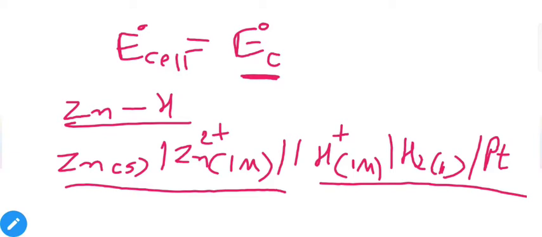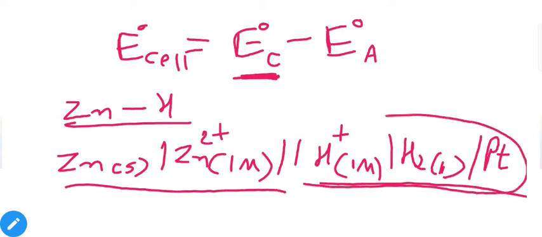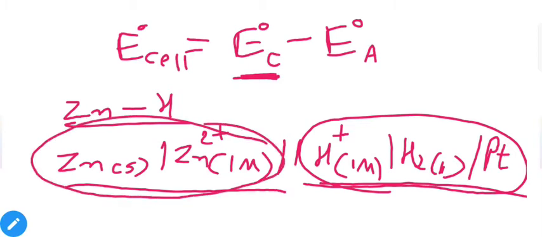So our equation is E cell equals cathodic reduction potential minus anodic reduction potential. But right now as a cathode we have hydrogen, and as an anode we have zinc.